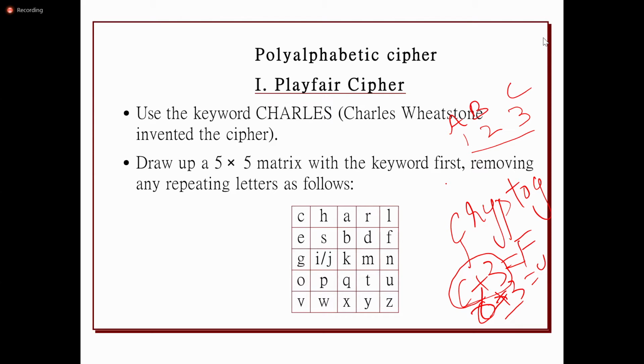Suppose we take Y, which is there in cryptography. Y plus 3 means 25 plus 3, because the numerical value of Y is 25, so we get 28. But there is no alphabet associated with 28 because there are only 26 alphabets.